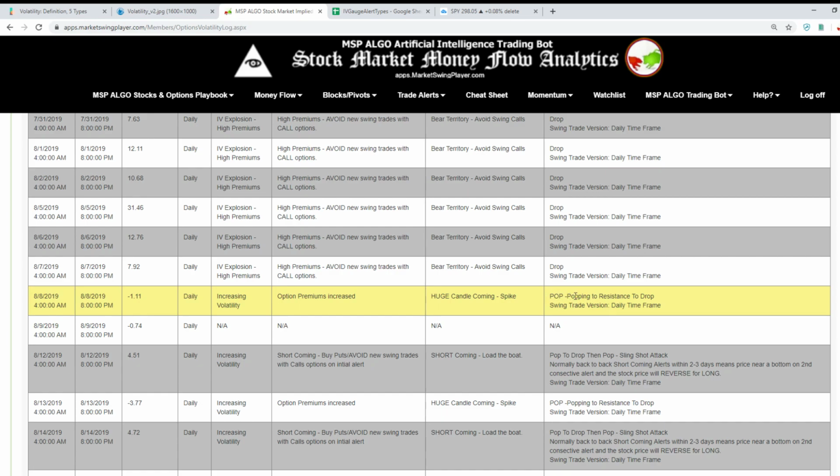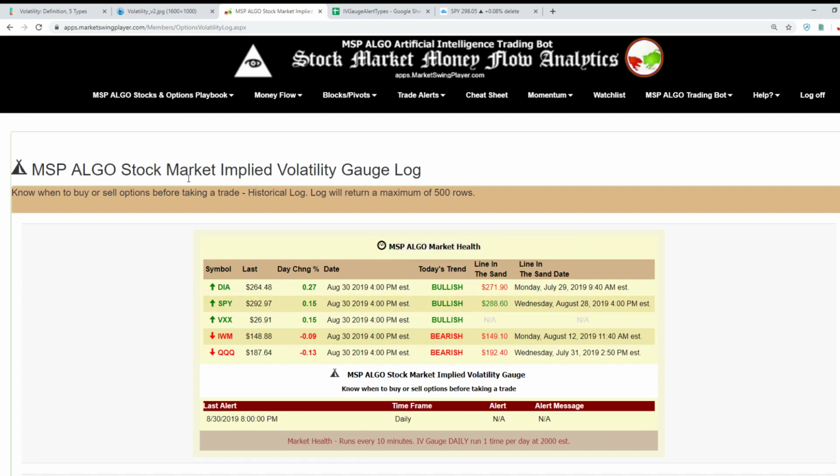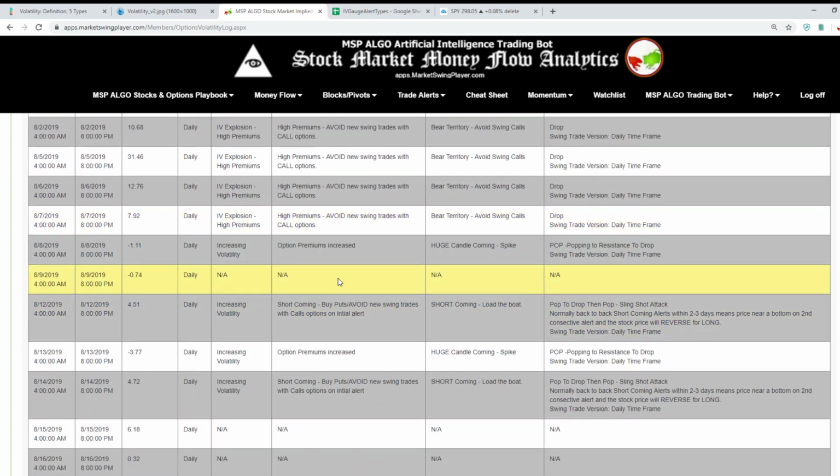Price is popping, okay? And where is it popping to? It's popping to resistance to drop. How do we know? Because the market's telling us that, based on the MSP ALGO Stock Market Implied Volatility Gauge.